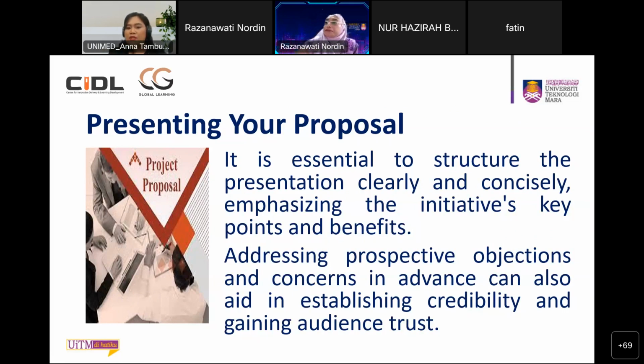It is important to structure the presentation in a clear and concise manner, highlighting the key points and benefits of the proposed initiative, and addressing potential objections and concerns upfront. It can also help build credibility and trust with the audience.